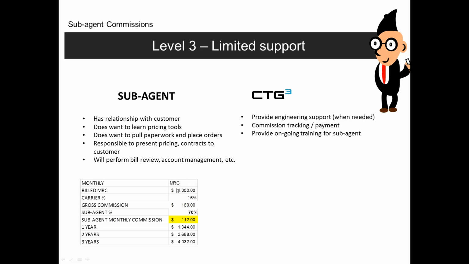So in this case we have a billed MRC of $1,000, 16% gross commission, and now your company gets another 10%, so now it's a 70% level, and that results in a monthly commission of $112, and then you can see the annual amounts here that increase. So again, you take on more work and you will get paid a higher percentage.